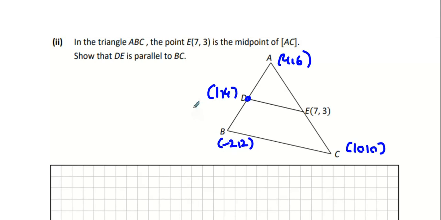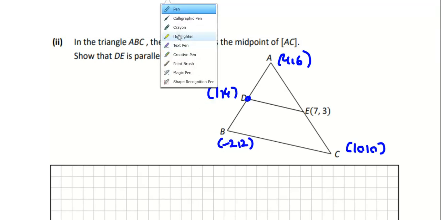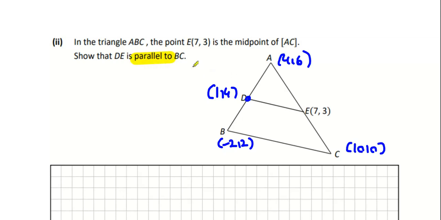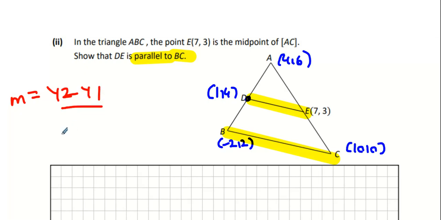Now, they want us to prove that these two lines are parallel. Parallel means the slopes are the same. So we want to prove that these two lines here are parallel. So we're going to use the slope formula, which is on page 18 of your notes. I'm going to do y2 minus y1 all over x2 minus x1. And here's what we're going to do.